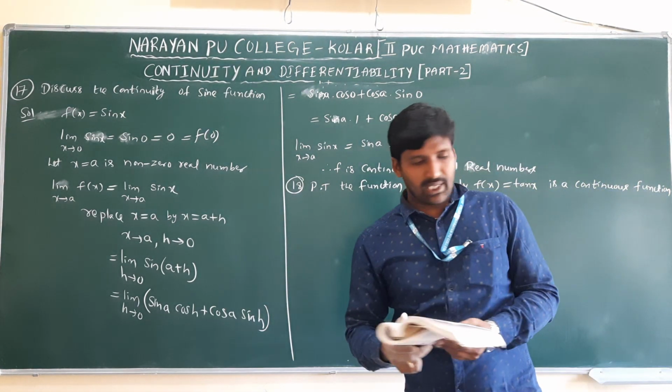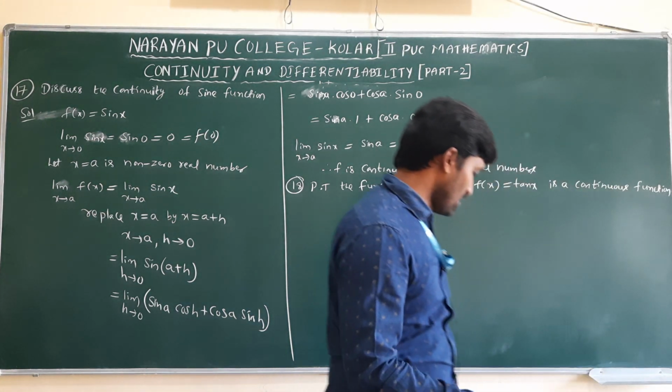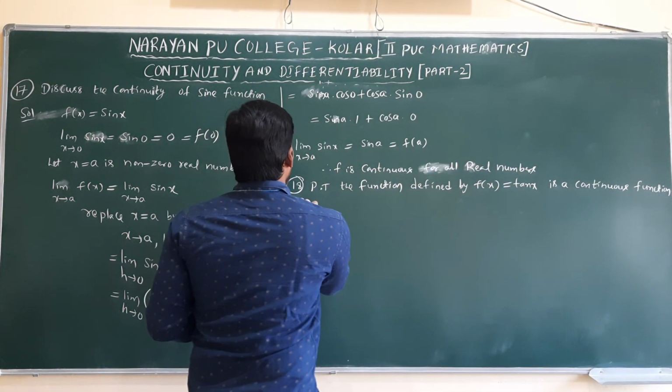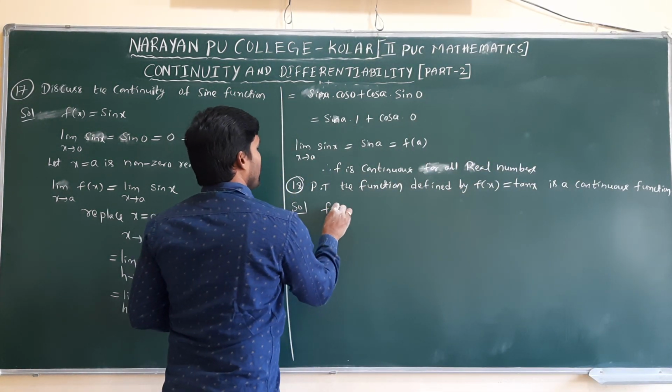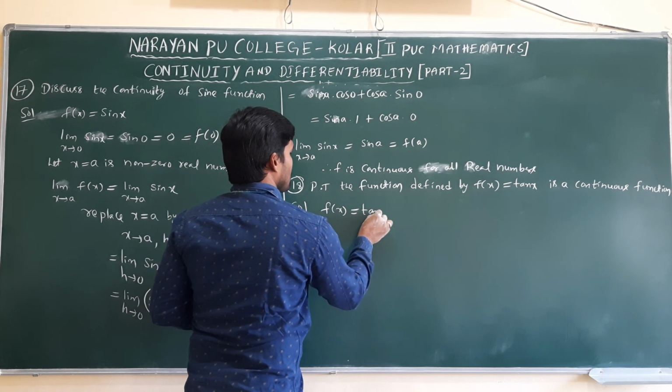So condition-wise we are taking a value. See, in this, f of x is equal to tan x.